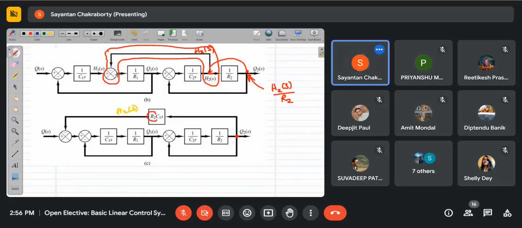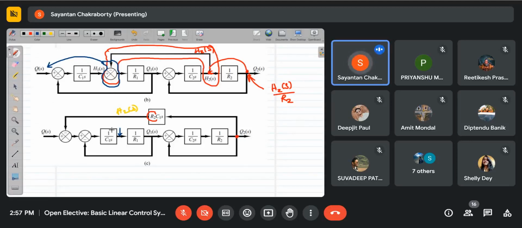But there's another catch. I'm advancing this summing point before even this summing point. So this signal, when it was coming through, was just going directly to 1 by R1. Now it is coming in before C1s, so it will be a signal multiplied by C1s.